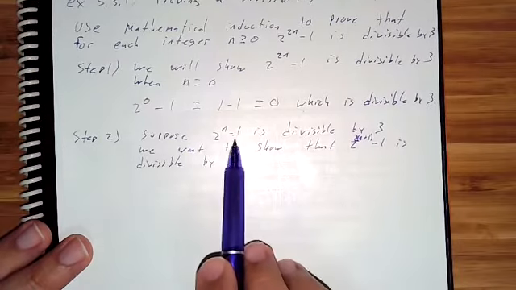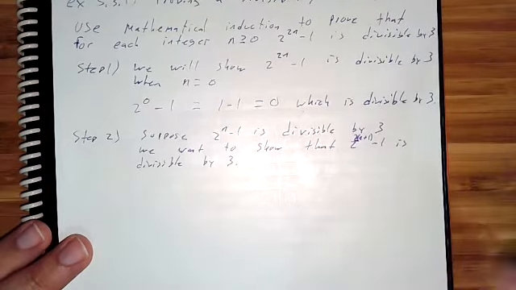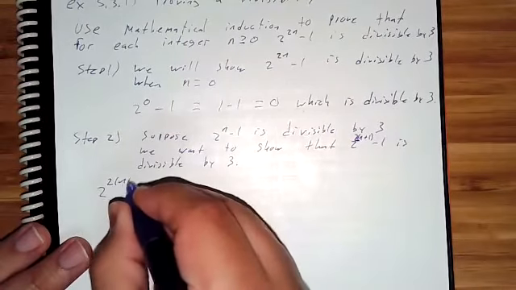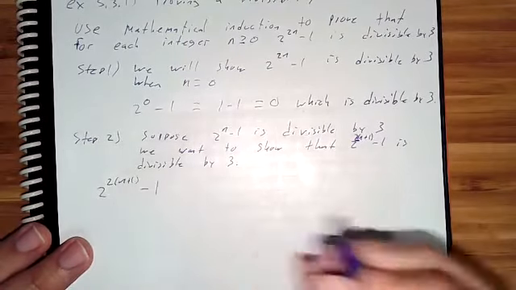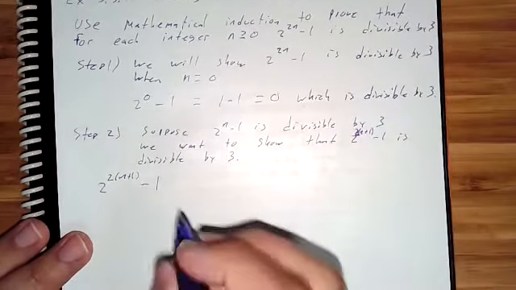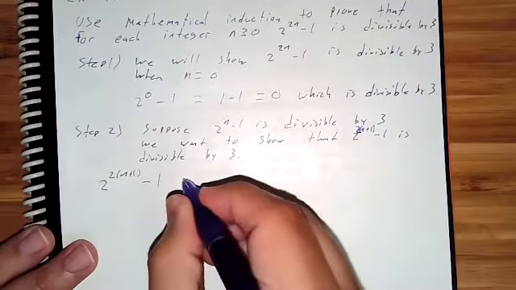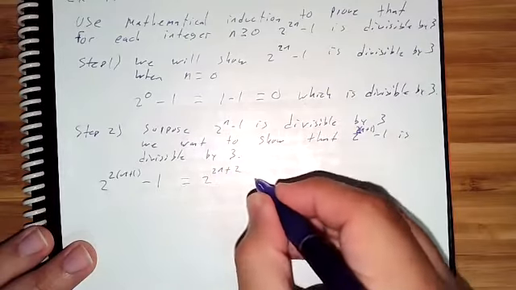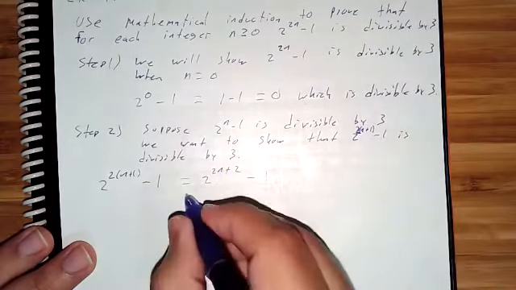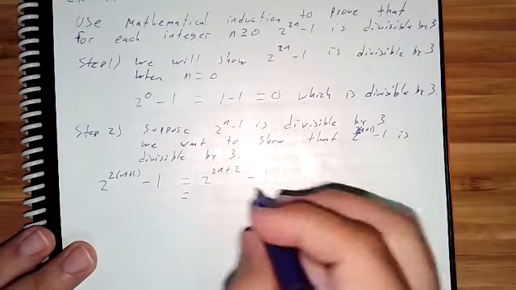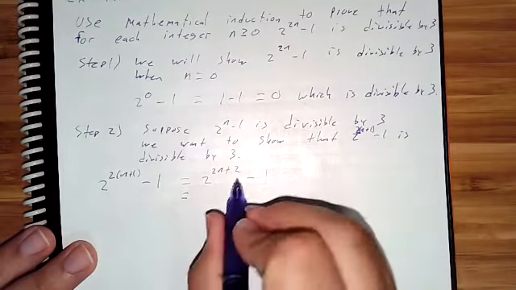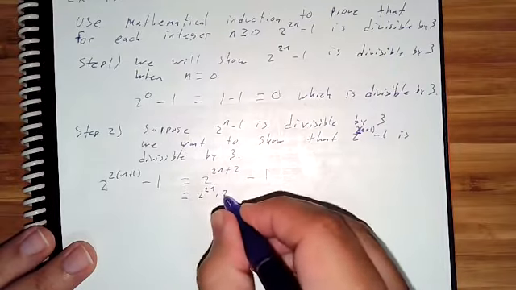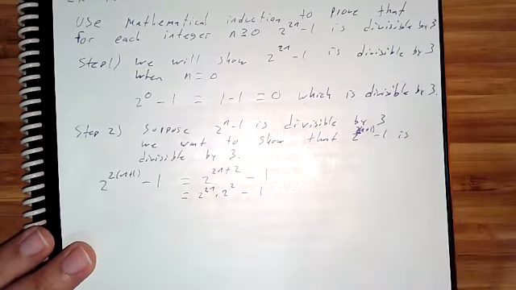Okay, so if I suppose that this is divisible by 3, let's work with this guy right here first. We want to show that this is divisible by 3, so let's try doing some algebra to help us out. So that would be equal to 2 to the 2n plus 2 minus 1, which is the same as factoring out a 2 squared, right?